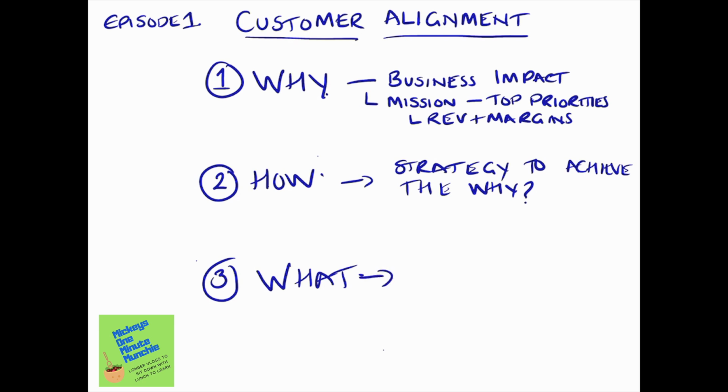Before I move on to the what, the strategy is actually the management team agreeing on a way forward. This could be the go-to-market, how they manufacture something, what the final product will look like, and there's a whole bunch of dimensions to this discussion. But understanding the how is super important.